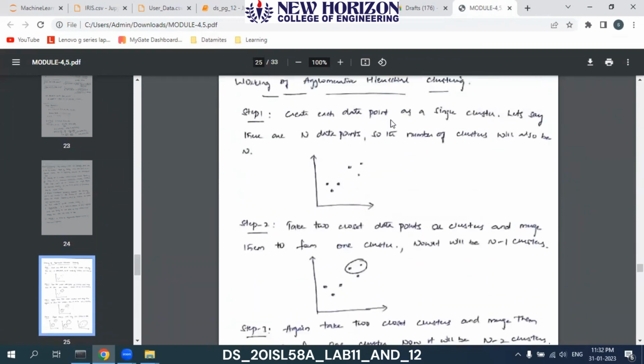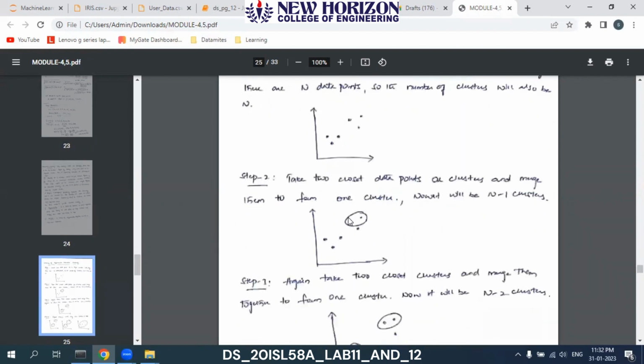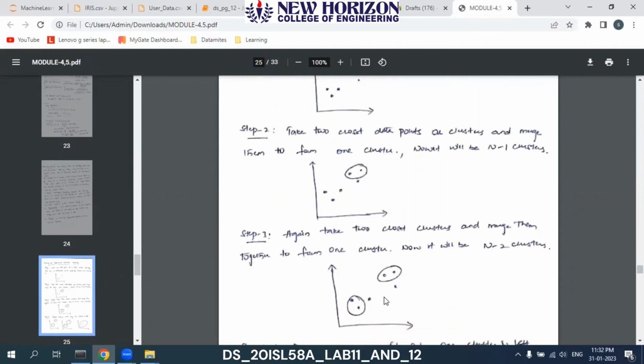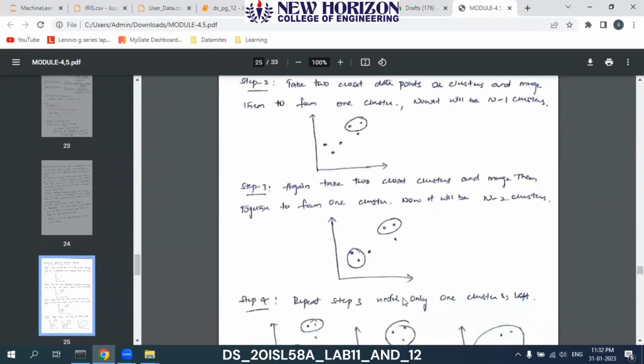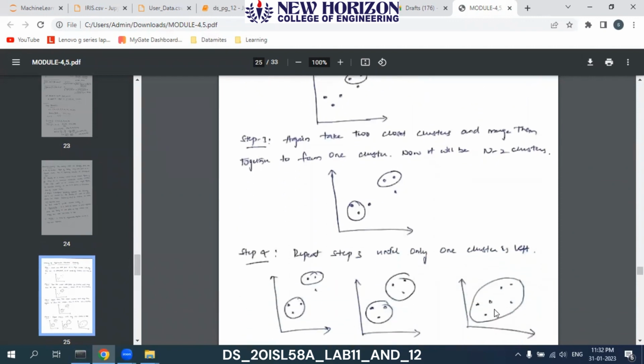It will consider each data point as a single cluster. Then we take the two closest data points and merge them into one, and we create n-1 clusters. Further, this is how it is grouped, and then we form one whole cluster out of this.